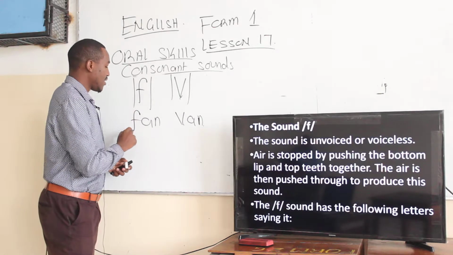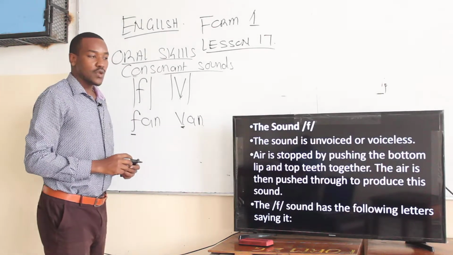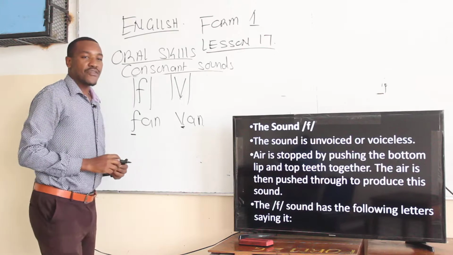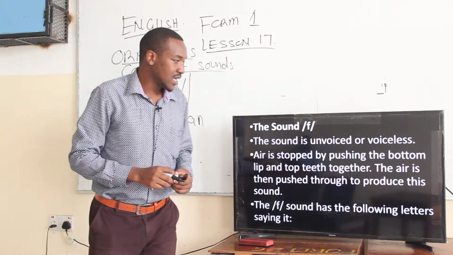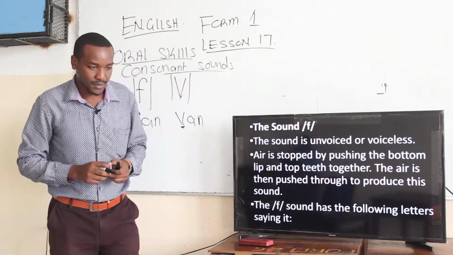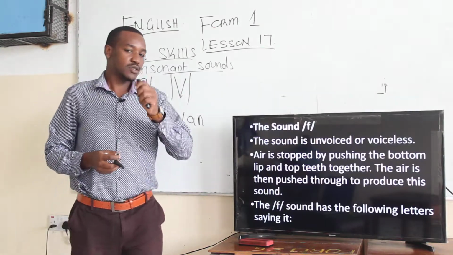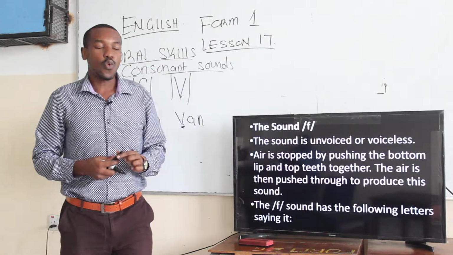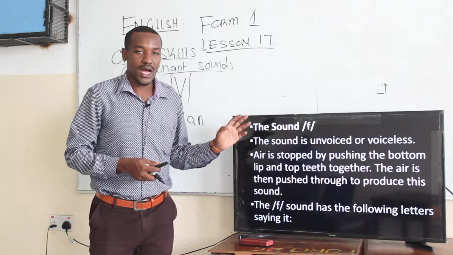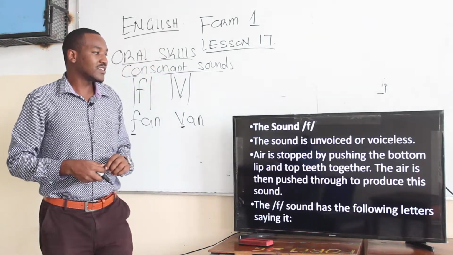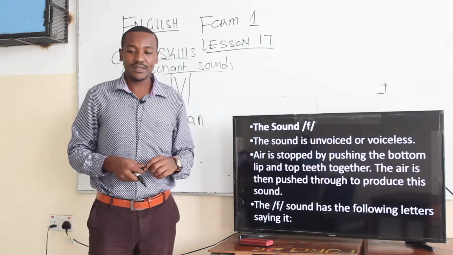Fan and van. So one thing you are going to notice about our F sound is that it is voiceless. There is no vibration on the vocal cords when we say this sound. So the sound is unvoiced or voiceless.